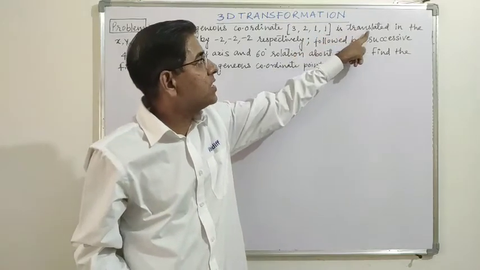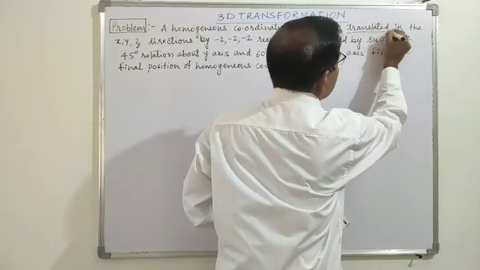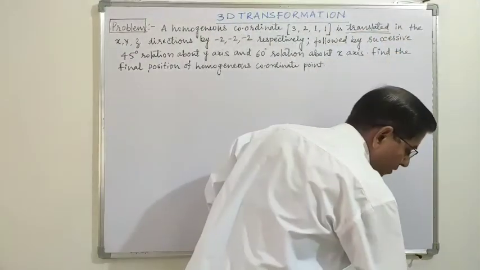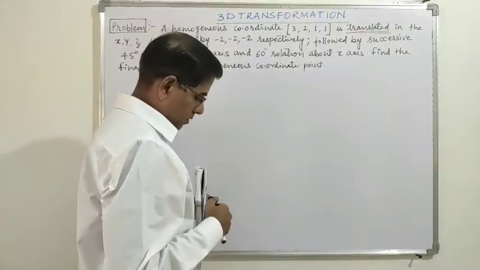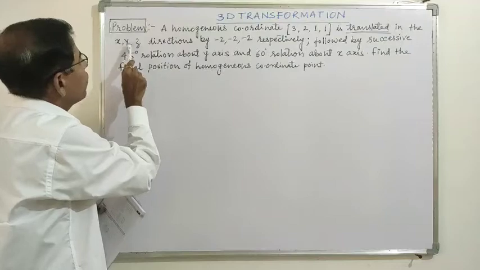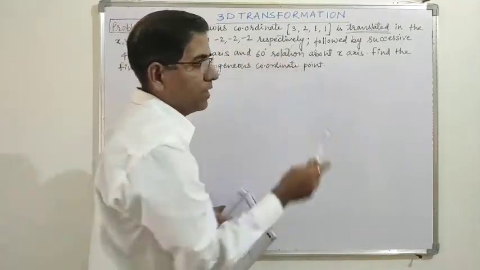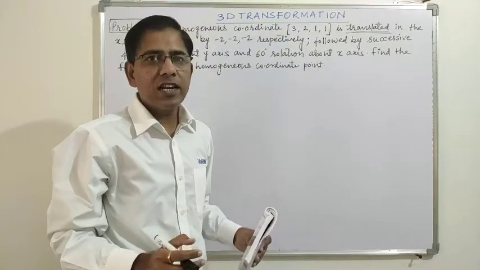Okay, it is translated. So first transformation is translation, it is translated in the x, y, z directions by -2, -2, -2 respectively. So first the point is translated.